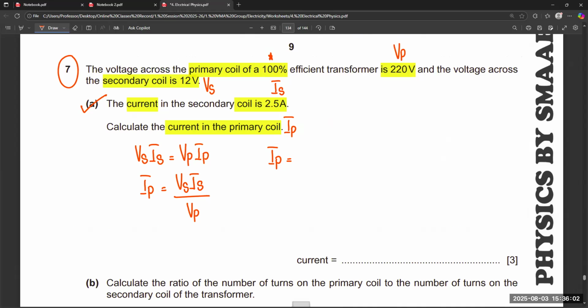Value of secondary coil is 12 and 2.5. Voltage of primary is 220.